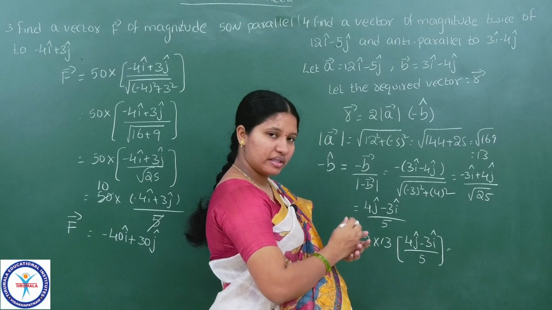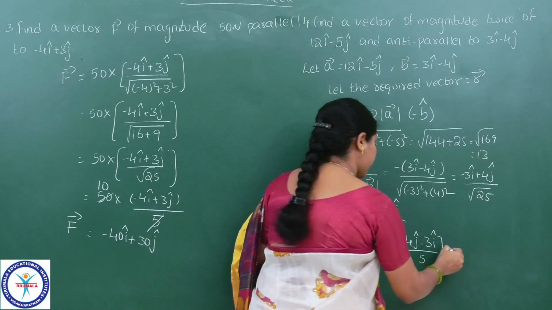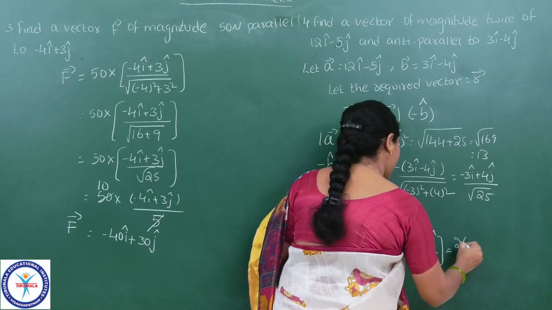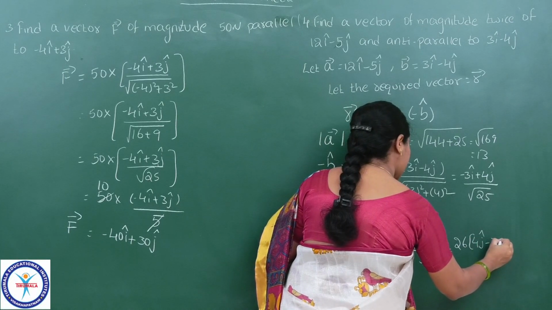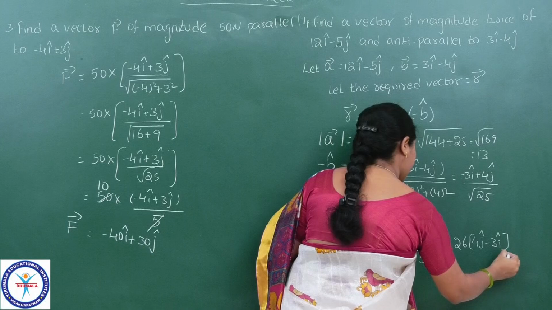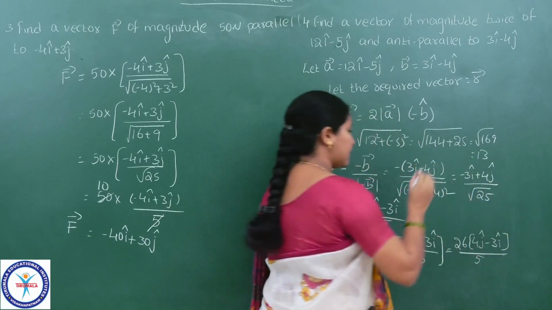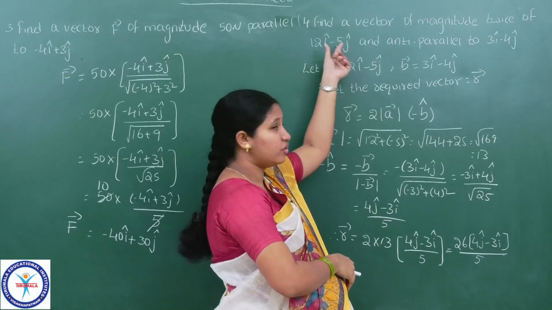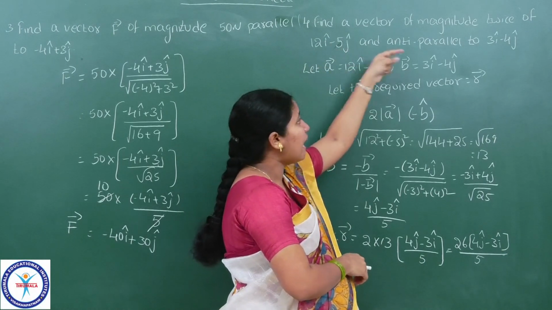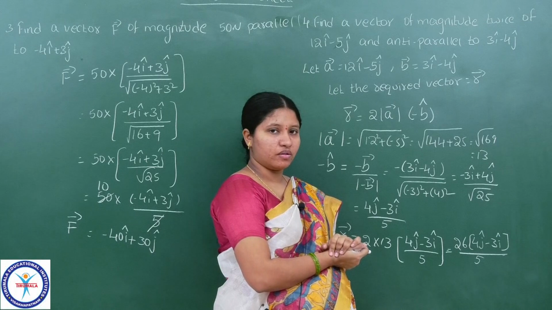So 2 into 13 gives you 26. So 26 into 4j cap minus 3i cap divided by 5 is the required vector for us, which is having the magnitude twice of a bar and anti-parallel to b bar vector.